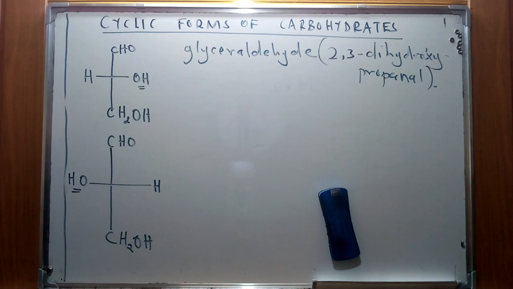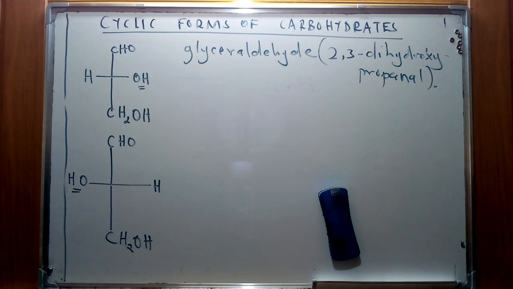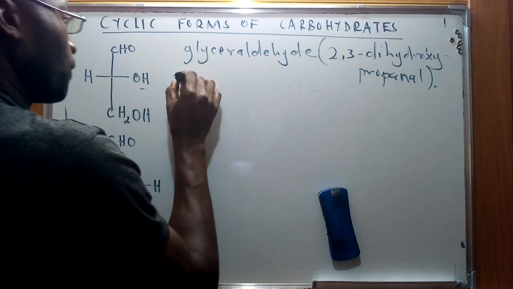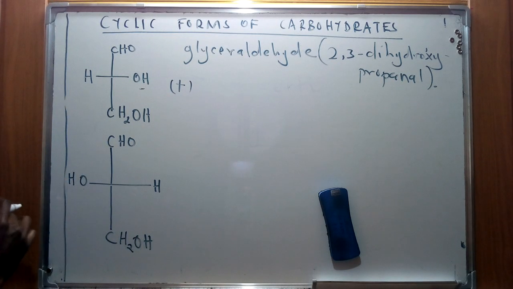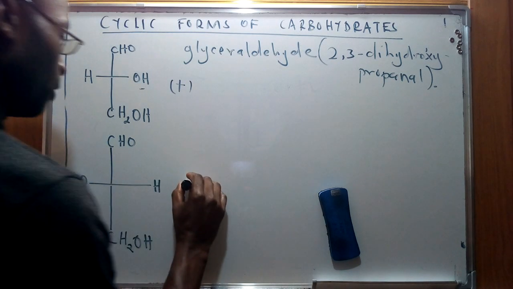For molecules like this one, 2,3-dihydroxypropanal, having this OH group facing to the right was given a configuration of positive. And this one that was facing the left was given the configuration of negative.